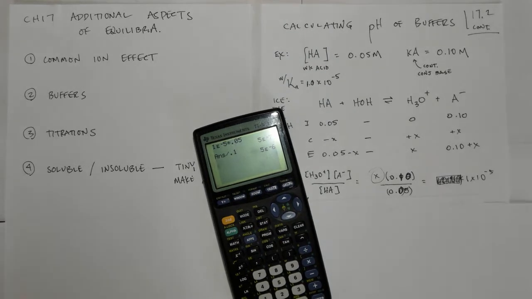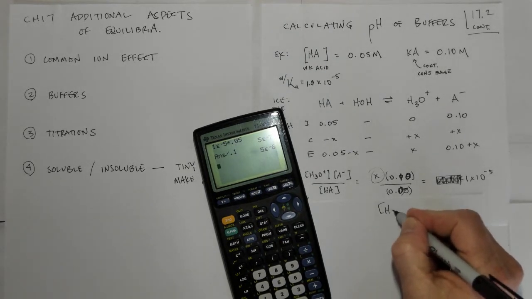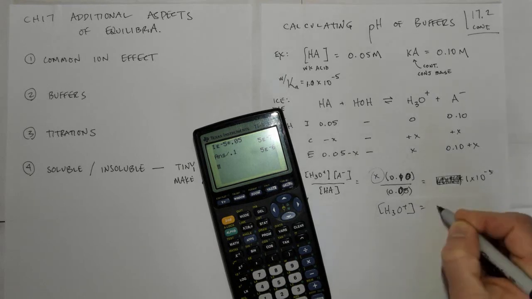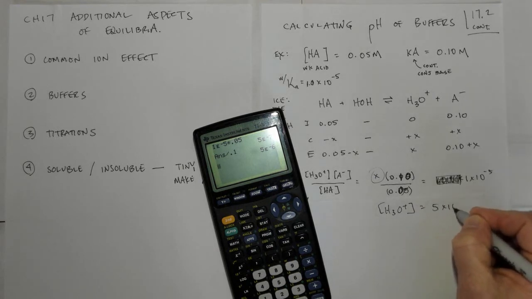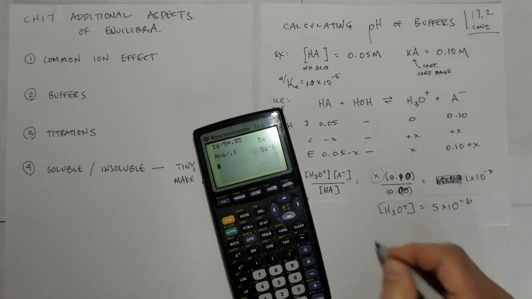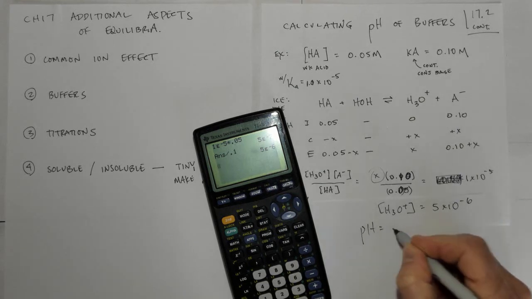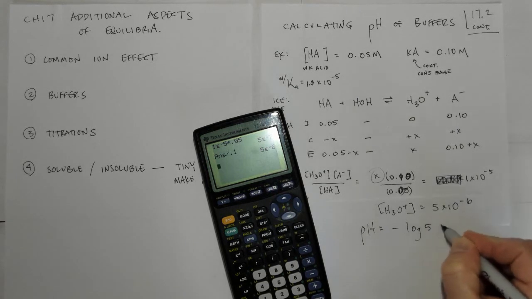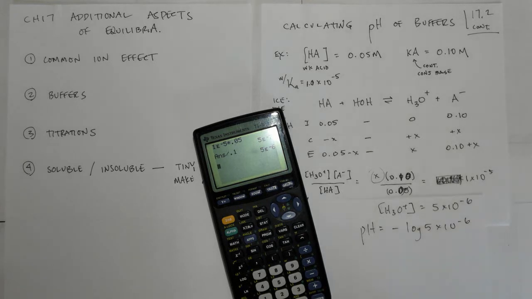And so my H3O plus ion concentration would be equal to 5 times 10 to the negative sixth. And then to find the pH of this, of course, I'd do the negative log of the 5 times 10 to the negative sixth, and I get a pH approximately equal to 5.3.